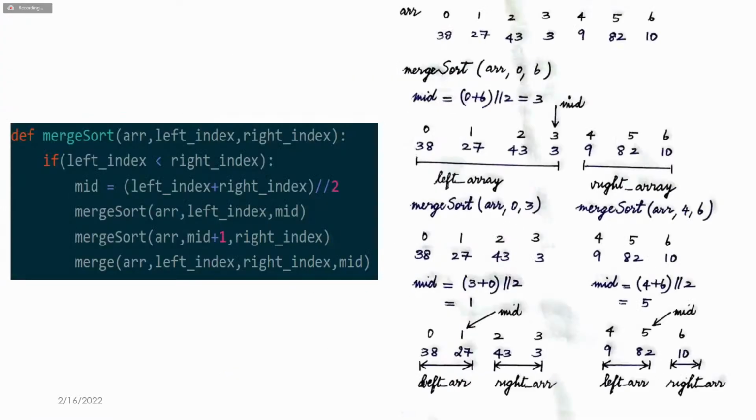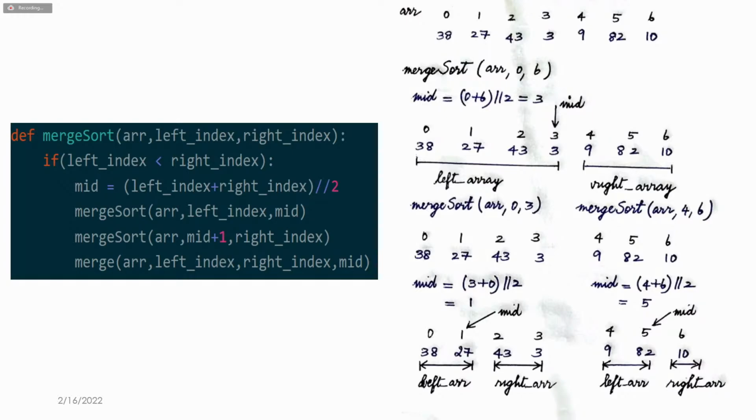Again I do this recursively: I pass the left array separately to merge sort, and then I pass the right array separately to merge sort. We keep on doing this recursively. And finally, you can find a statement, merge of array, left index, right index, and mid. This means that you are combining them together. This function is for combining them.